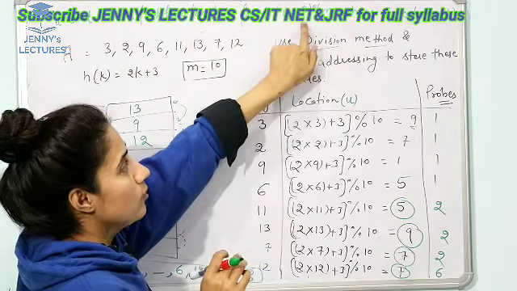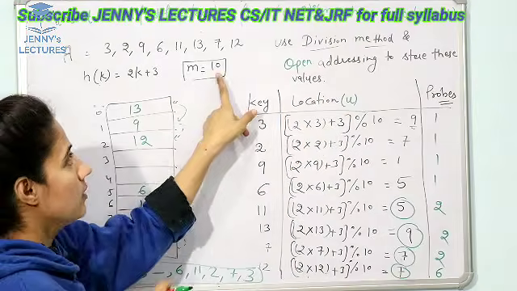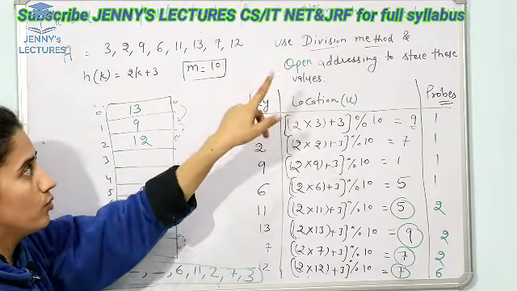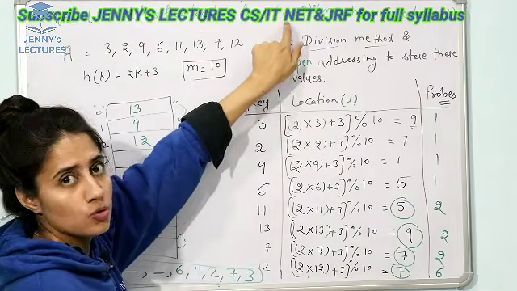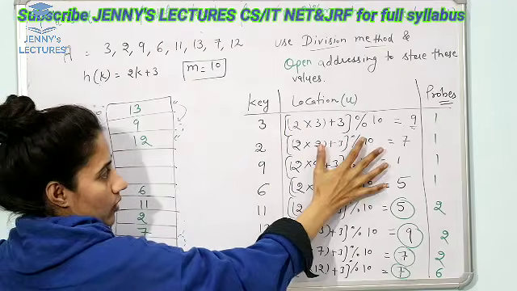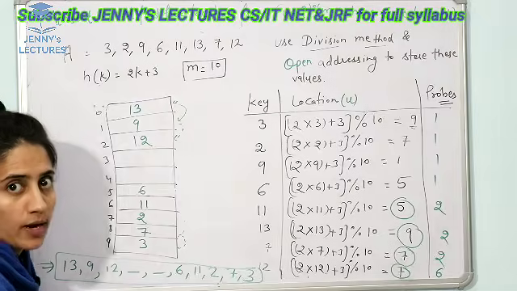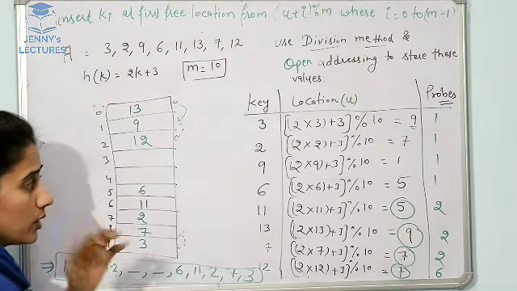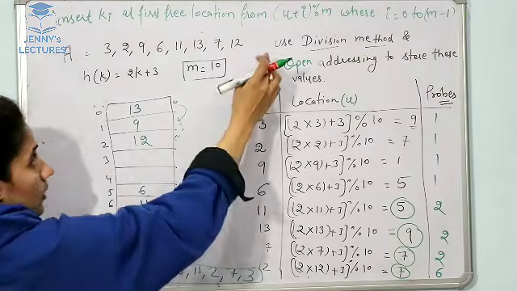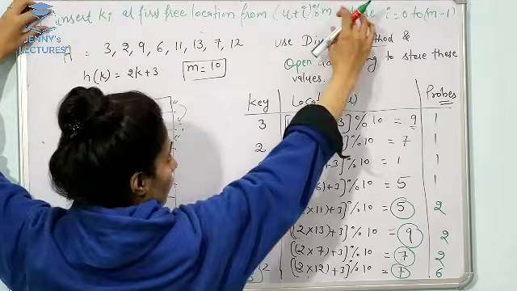Now here i, you must know, 0 to m minus 1, m is given in the question, that is 10, then i would be 0 to 9. What is this u? This address, or you can say this location, whatever you have calculated using this hash function, that would be the u.